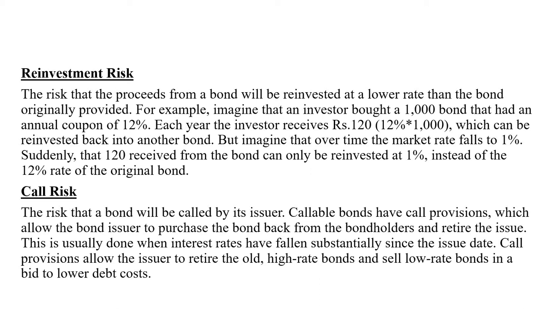Suddenly the issuer or company calls the bond after 2 years, meaning we lost the next 3 years of return, correct? Even though they pay the 2 years return plus the principal amount of 1000 rupees that we invested, we had invested with the plan of getting returns for the next 5 years, correct? But within 2 years they go for the call and we lose the next 3 years of return. So the risk associated with such a call by the issuer of the bonds is known as call risk.